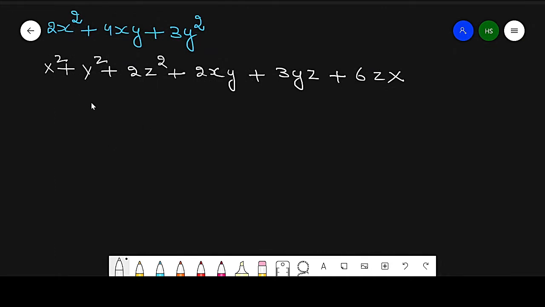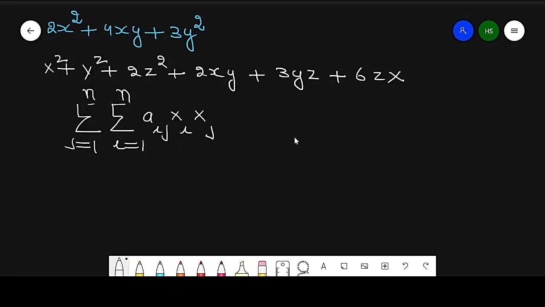It can be written as the summation, j running from 1 to n and i running from 1 to n, of aij xi xj. So this is the general form of a quadratic form in n variables, where the variables are x1, x2, x3 and so on up to xn.